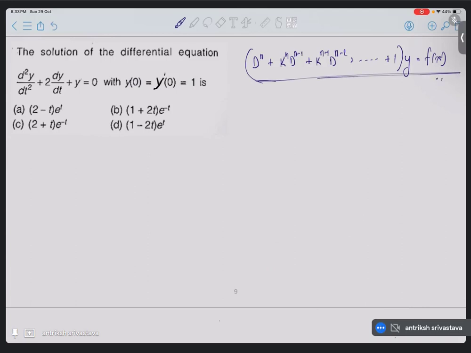This is nth order again, because D we write as d by dx, and the k's are all constants. This is not a power, just the denomination of the variable. So k_n is one variable and k_(n-1) is another, whereas the number on top of D is a power. Here D is nothing but D to the power 0, so I should more correctly write k_1 times D to the power 0, that is 1. So this is the nth order linear differential equation.